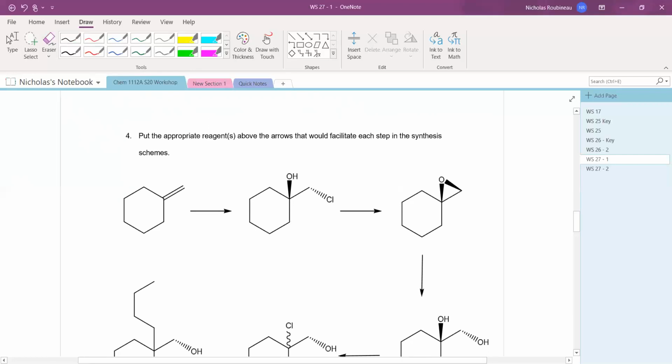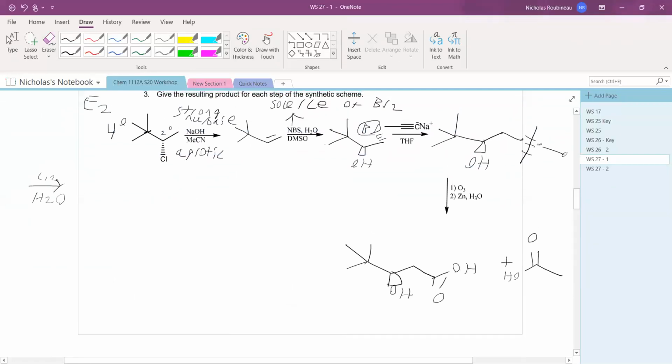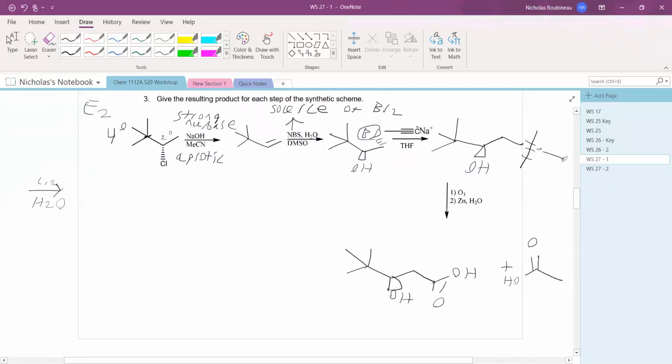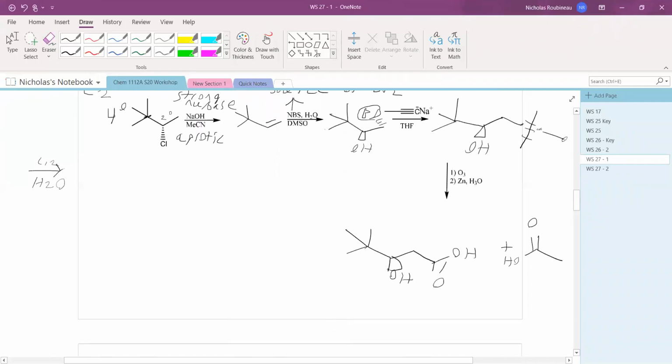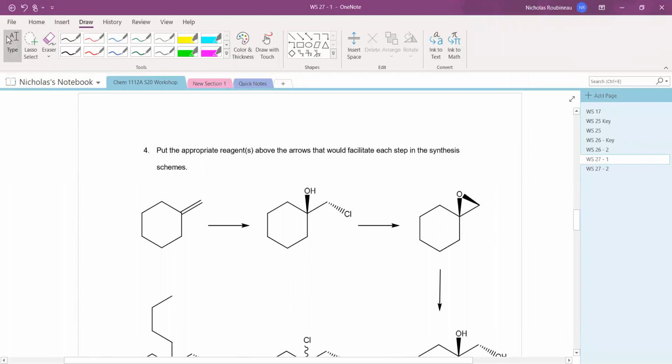I kind of went over it already. I pointed out that this is very similar to the NBS and water reaction. Should be HCl and water, right? Not HCl, but Cl2.